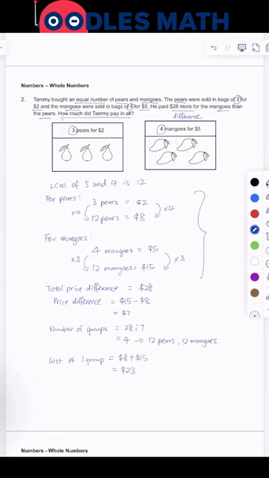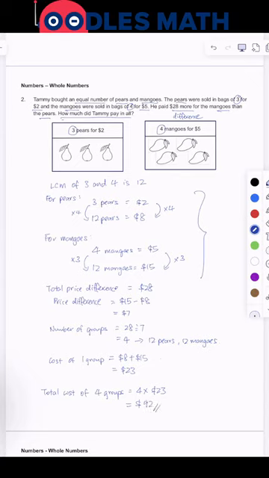And with this, we can find the total cost. The total cost of 4 groups will therefore be 4 multiplied by $23, and that gives us the answer, which is $92.